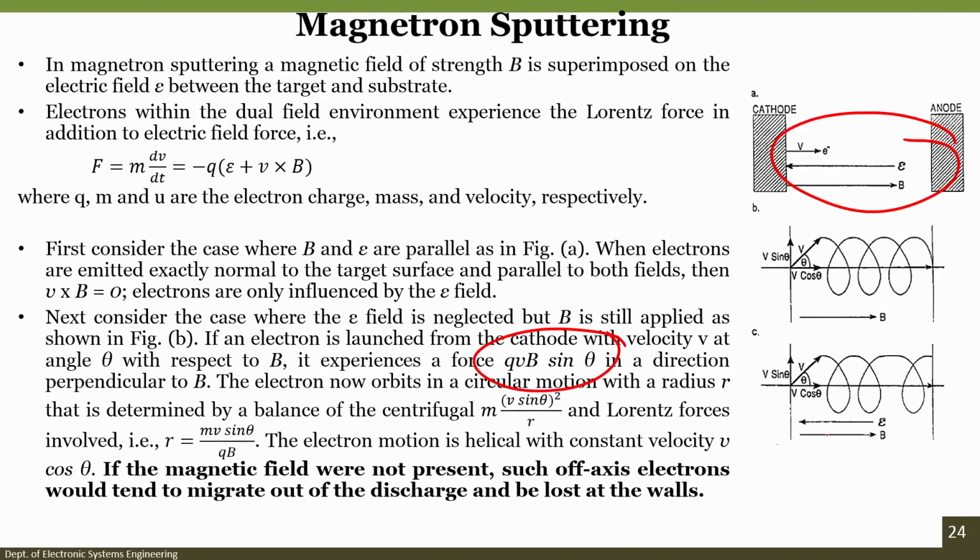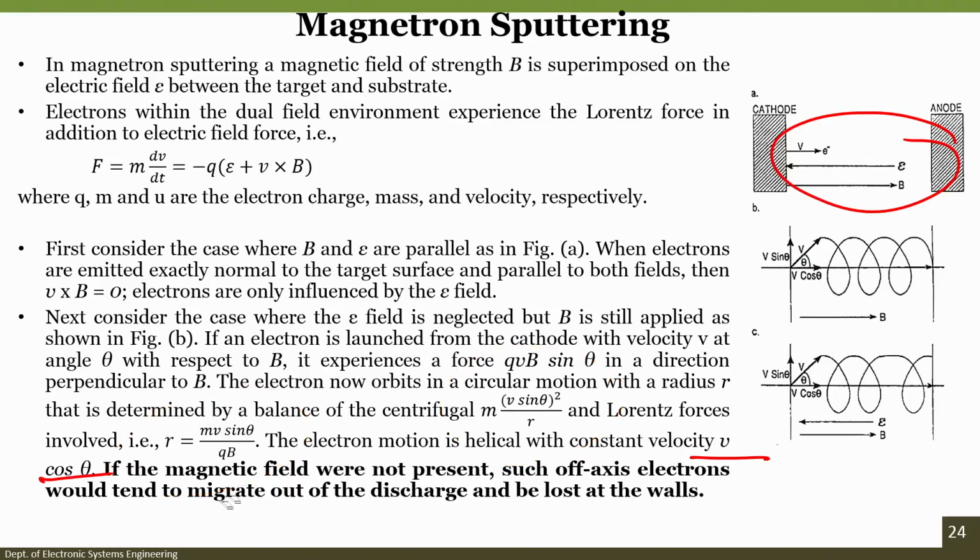The electron now orbits in a circular motion, with a radius r determined by the centrifugal and Lorentz forces given by these equations, and the electron motion is helical with constant velocity, which is given by this equation.